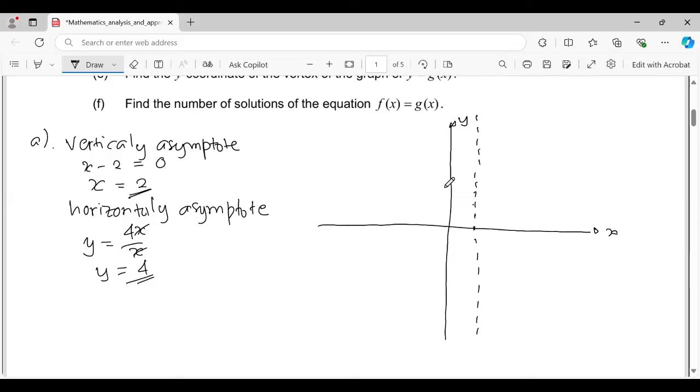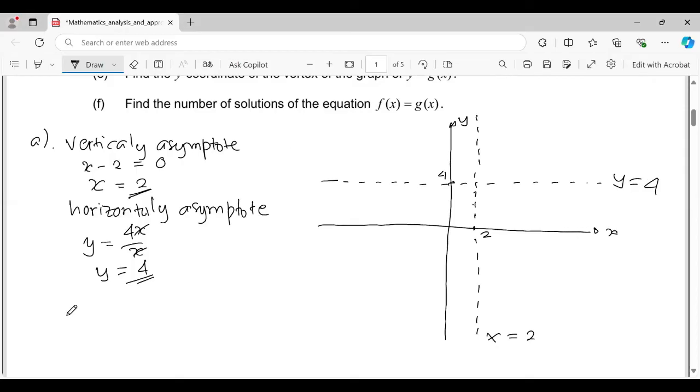And then y equals 4 over here. Okay, this is 2 and this is 4, right? This is y equals 4 and this is x equals 2. Vertical asymptote and horizontal asymptote.